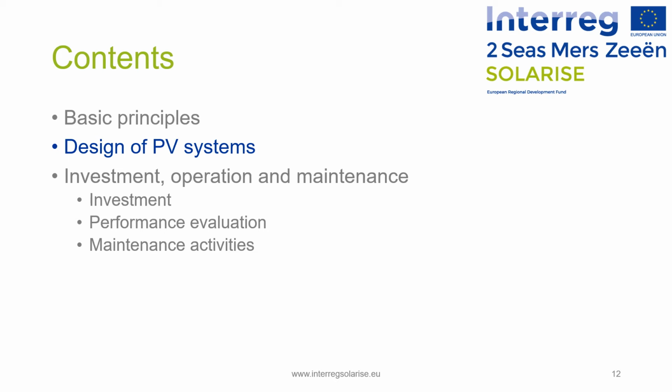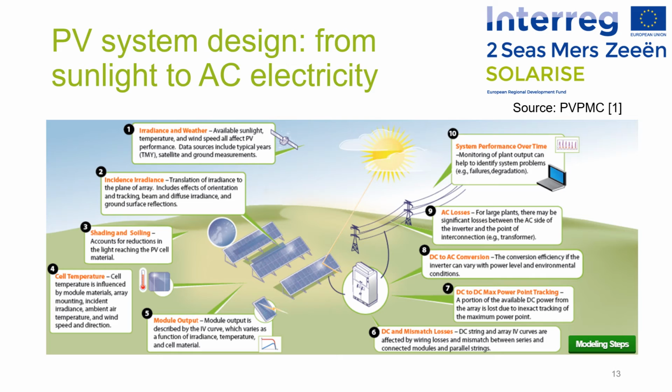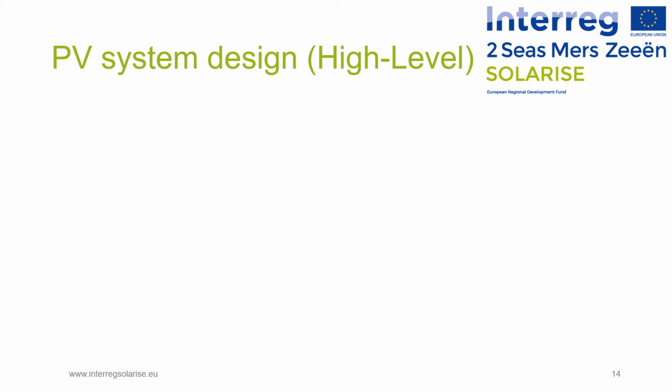If we now dive a bit deeper into the design of PV systems, in this image you see the different steps that can be done to model the performance of a PV system, all the way from sunlight to AC electricity. And all of those aspects also need to be considered for a good system design.